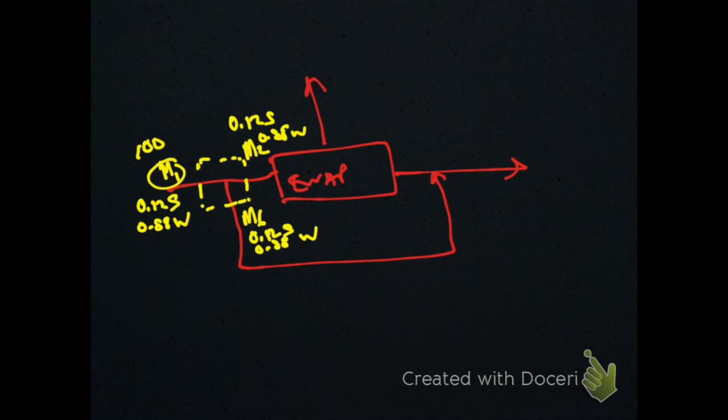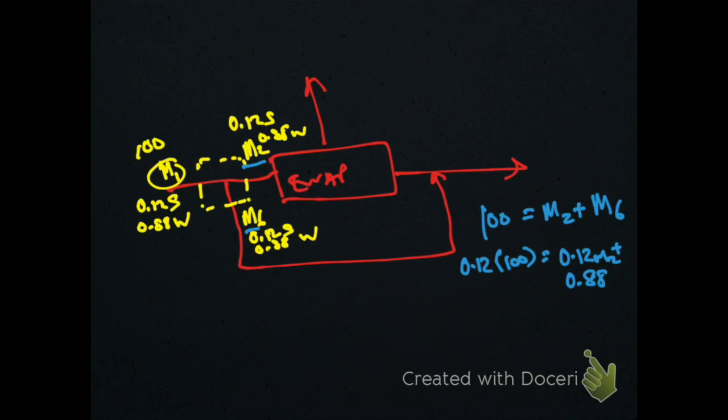Okay, so we will have 100 equals to M2 plus M6. So that is one equation we have. And for solid balance, it is 0.12 multiplied with 100 equals to 0.12 M2 plus 0.12 M6.